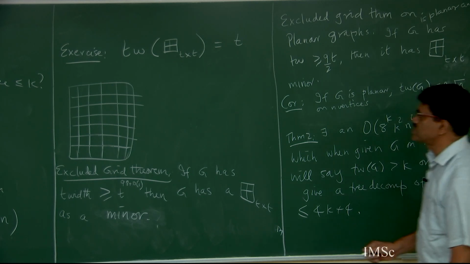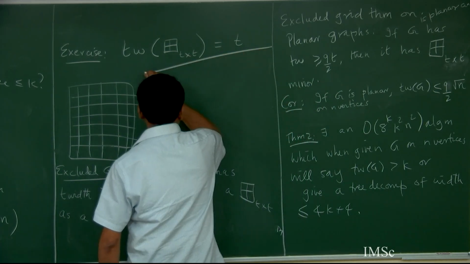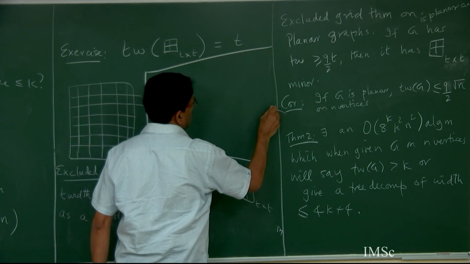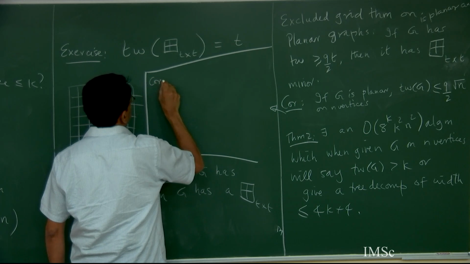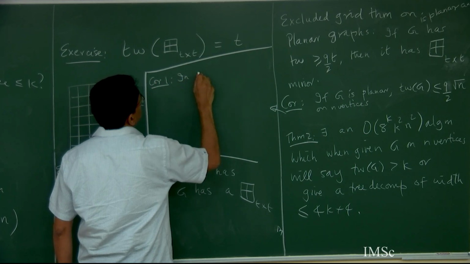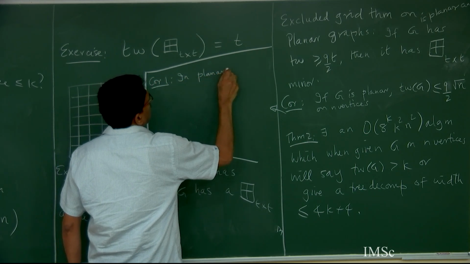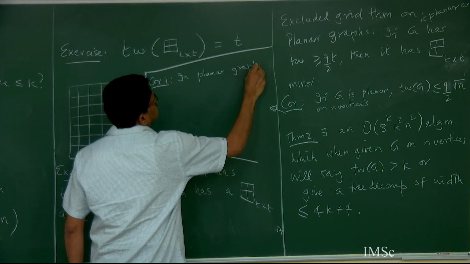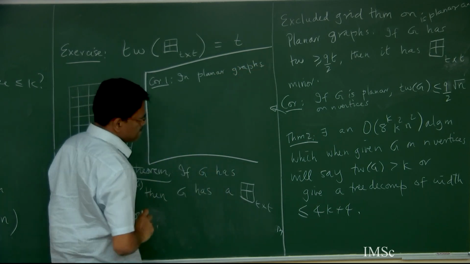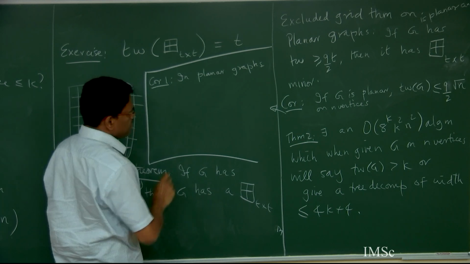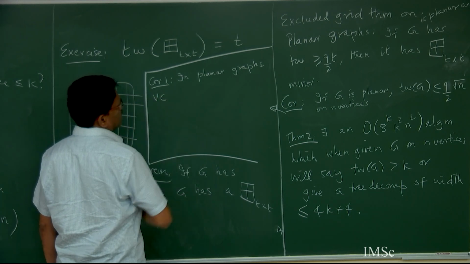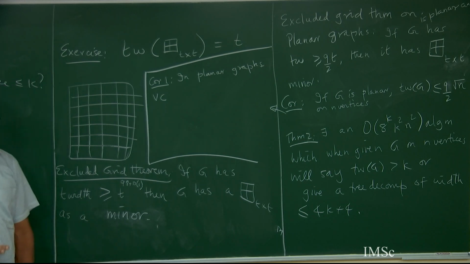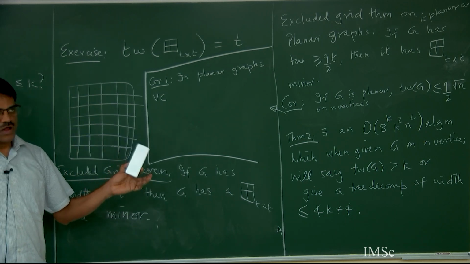So here are some interesting corollaries out of this. In planar graphs, vertex cover, I want to find the minimum vertex cover. So I give you a planar graph and I want to find the minimum vertex cover.